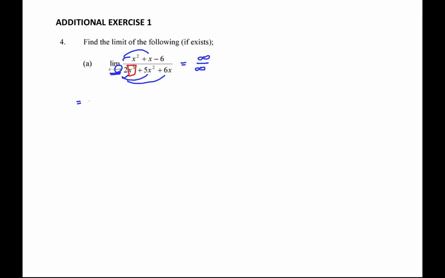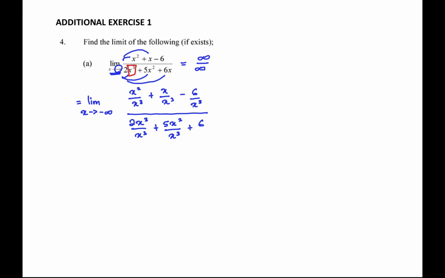So you get the limit as x approaches negative infinity of x squared divided by x cubed plus x divided by x cubed minus 6 divided by x cubed for the numerator, and for the denominator you have 2x cubed divided by x cubed plus 5x squared divided by x cubed plus 6x divided by x cubed.